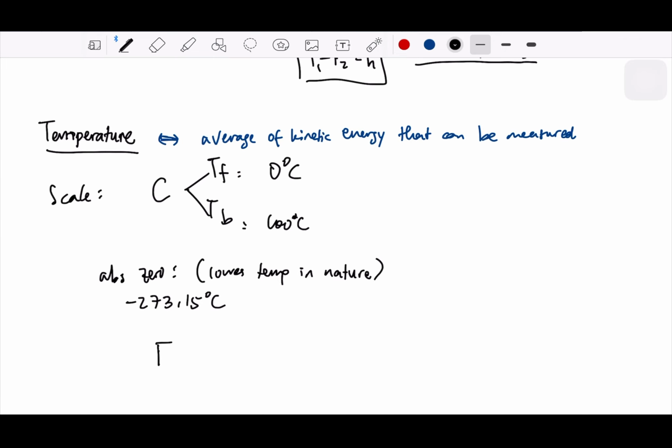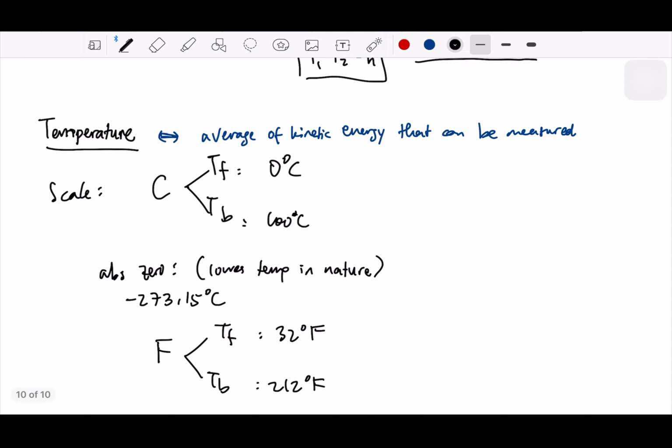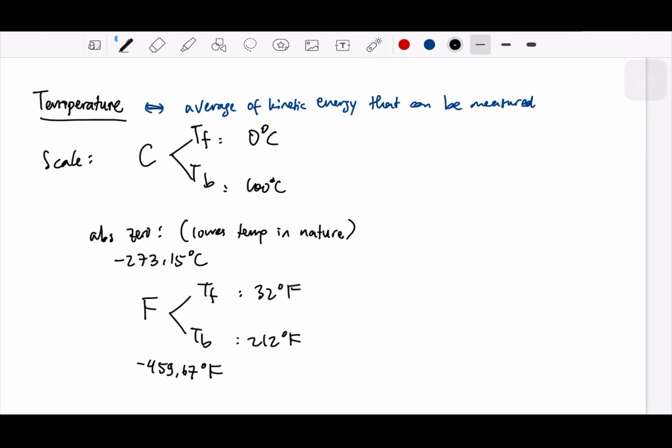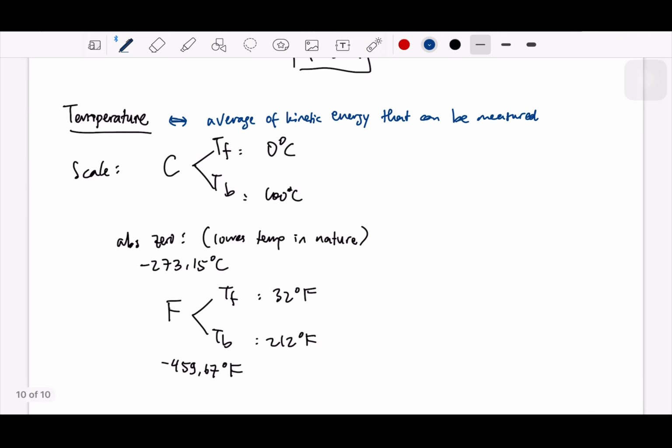And then there is another scale that, again, I think Americans use more, Fahrenheit. The difference is they are using a 32 degree offset. And absolute zero is also different. So, because there are many numbers, we need to come up with another scale that is easy to compute.